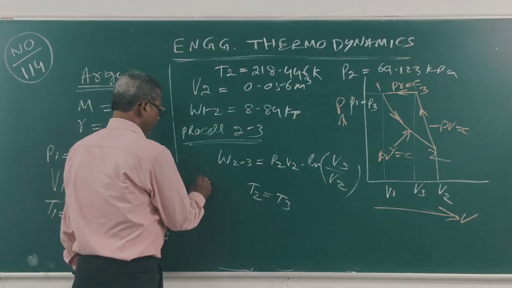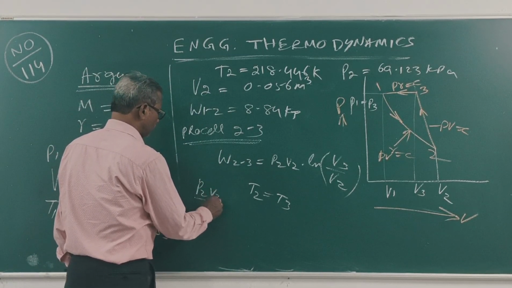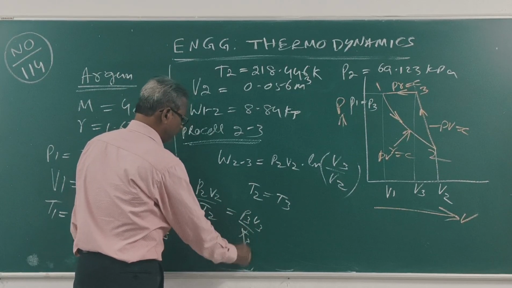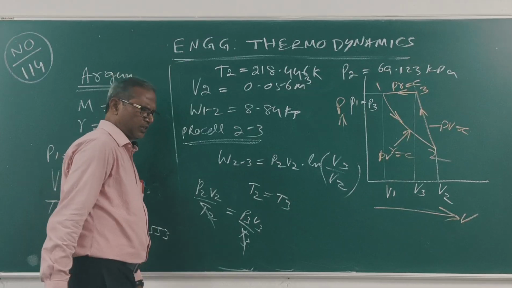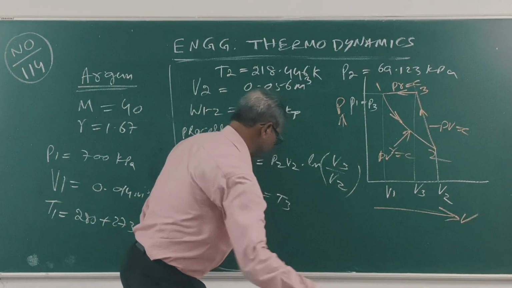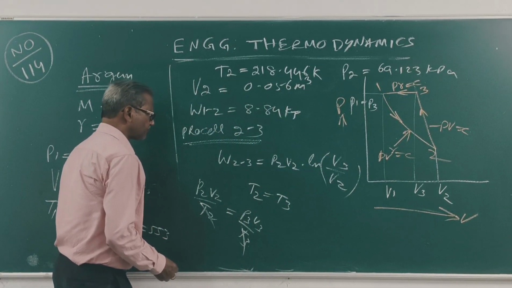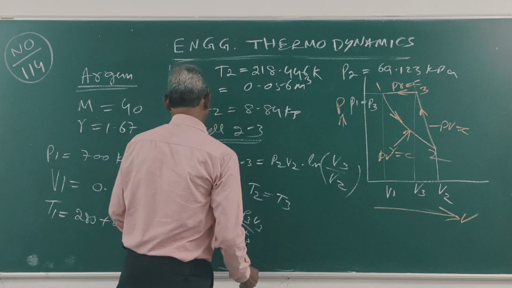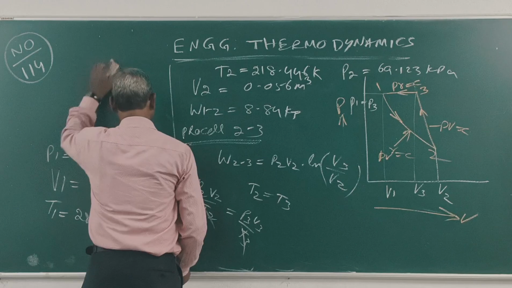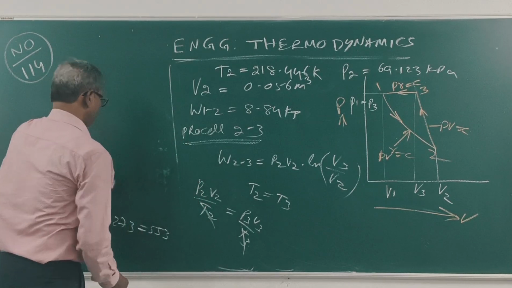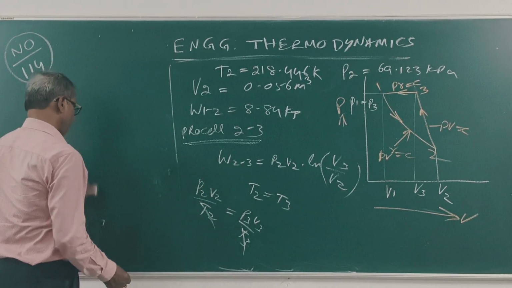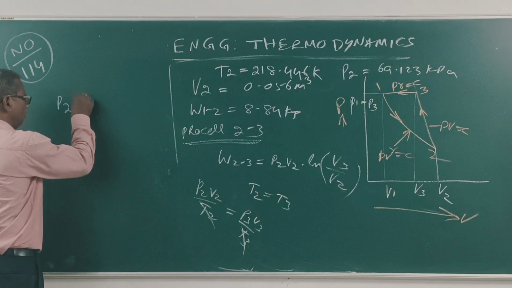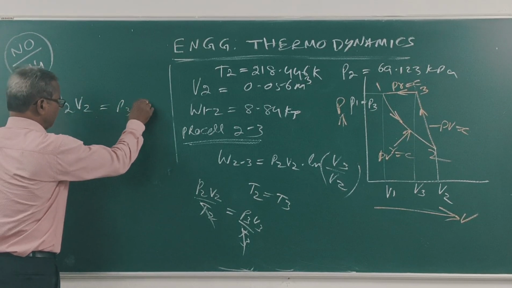So P2 V2 by T2 is equal to P3 V3 by T3. T2 and T3 cancel out. Clear? Now this implies P2 V2 is equal to P3 V3.